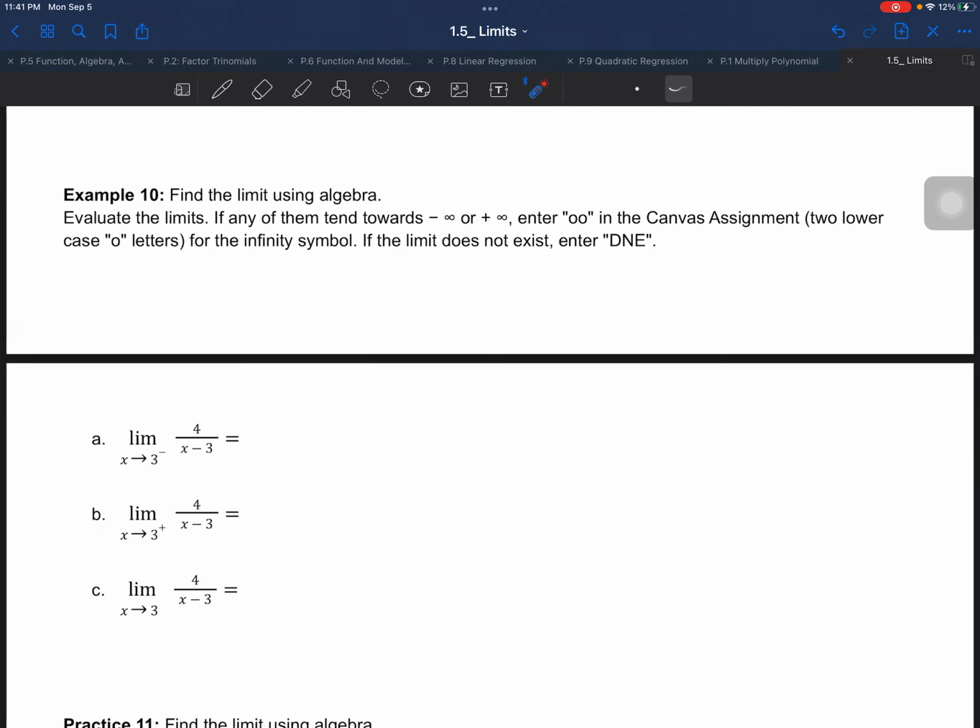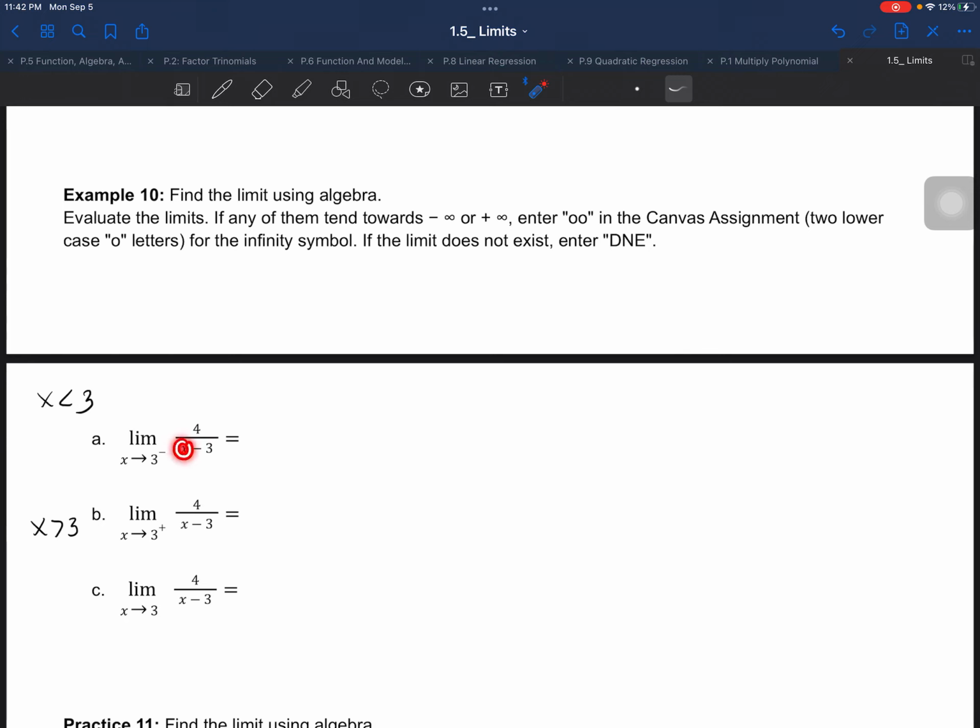So what we're going to do here is determine whether x is less than 3 or bigger than 3. Because x is coming from the left side of 3, that means x is less than 3. And this one is x coming from the right side, so x is greater than 3. So because x is coming from the left side of 3, this number is smaller than 3.